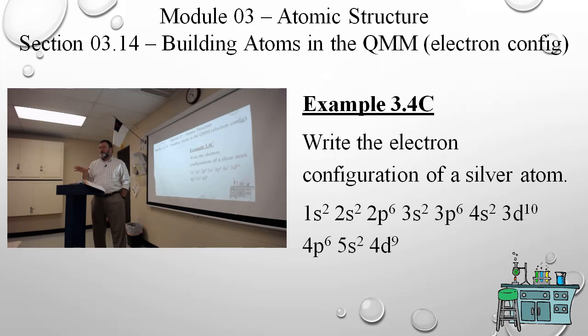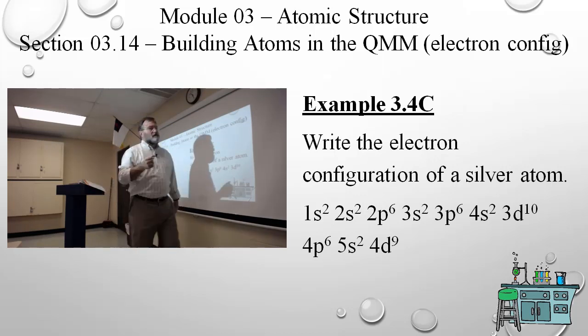And ultimately, the chemistry of silver is going to be dictated by, or we're going to see that this number 9 here is going to be a very important number for us. So we need to be able to figure out what that is. If I don't need to know anything else about the configuration, let's go back over to chlorine.